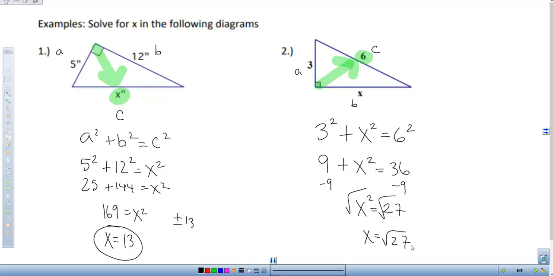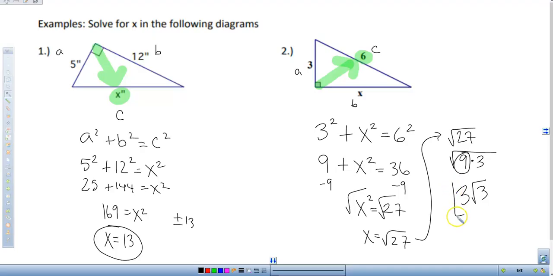However, I need to simplify this, and I totally can. Because remember, to simplify a radical, you cannot have a perfect square factor underneath that radical sign. And 27 does have a perfect square factor. In fact, it's 9 times 3. And the square root of 9 is 3, and that leaves that 3 inside. So 3 root 3 is what x is equal to, or the length of the leg of this right triangle.